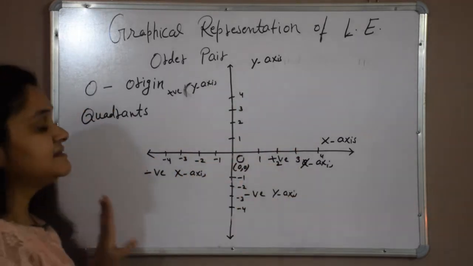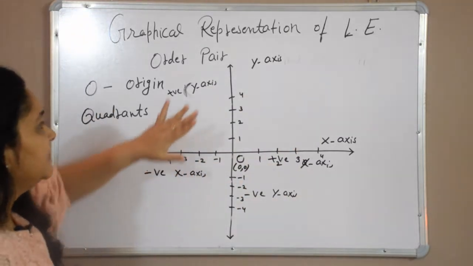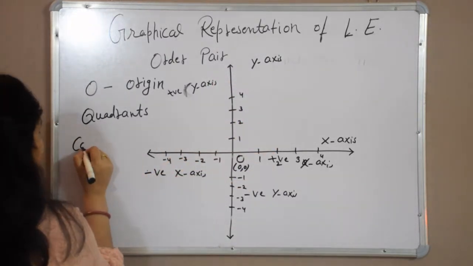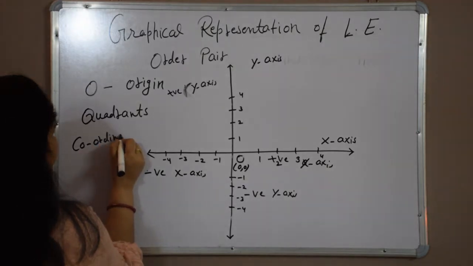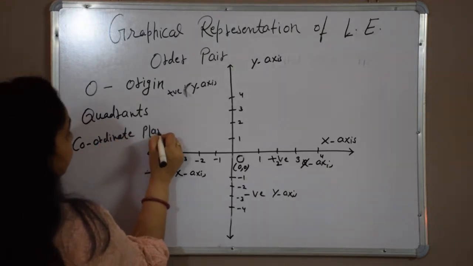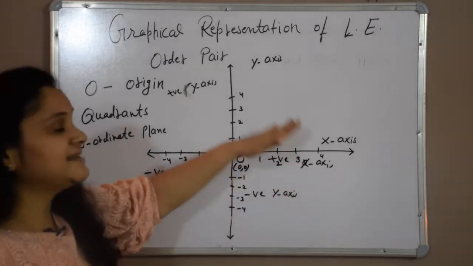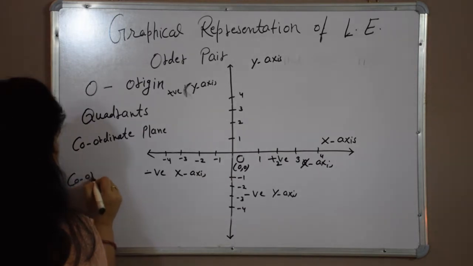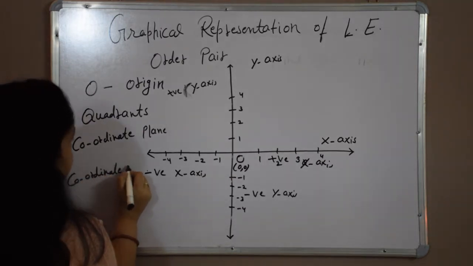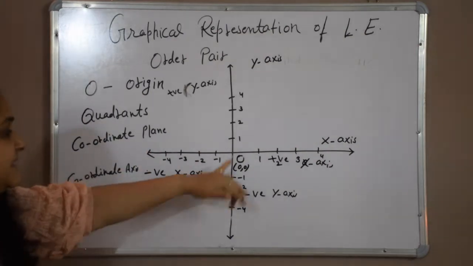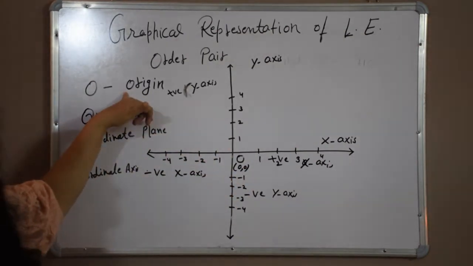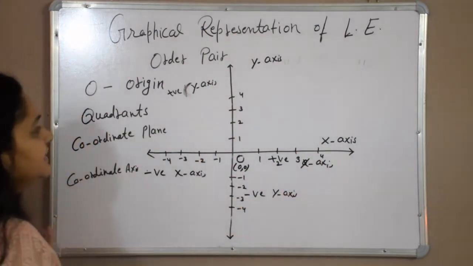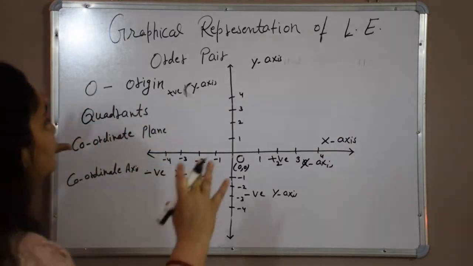And this system is called coordinate system, and this plane, where we are doing all these work, is called coordinate plane, and these axes which we are saying x-axis and y-axis, these are called coordinate axes. And where these axes meet each other, intersect each other, that point is called origin. From here I think you are getting what is our coordinate system. It consists of 2 lines and 4 quadrants.